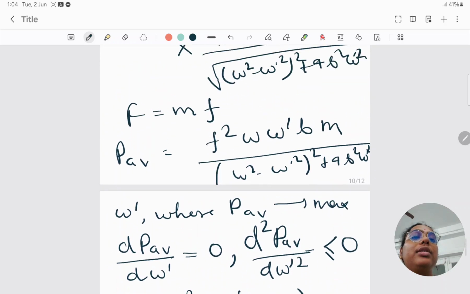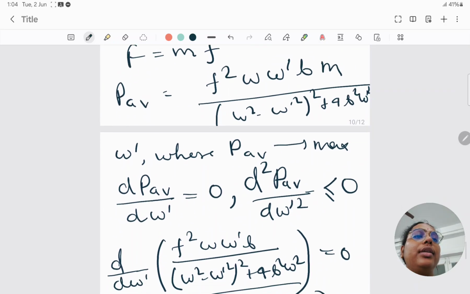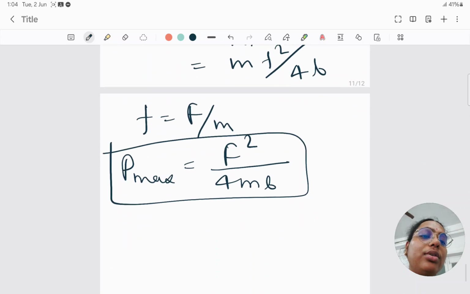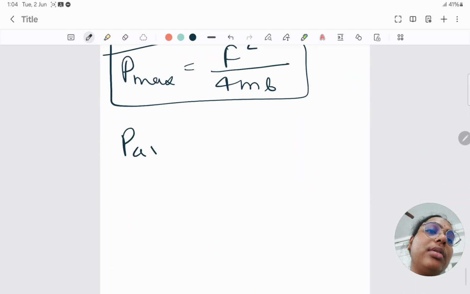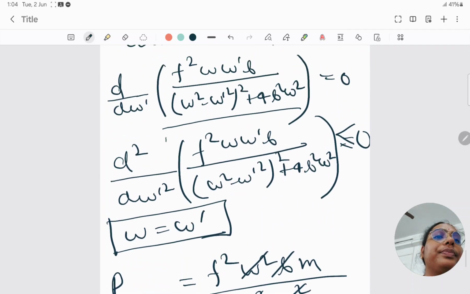So the P average can also be written in terms of P max. Okay, so P average divided by P max will be what?